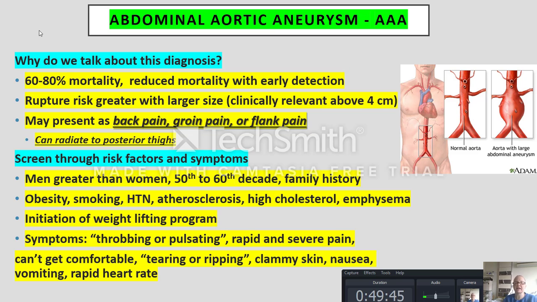Abdominal aortic aneurysm, AAA. Why don't we talk about this diagnosis? Well, 60 to 80% mortality. Reduced mortality with early detection. Rupture risk is greater with the larger size.